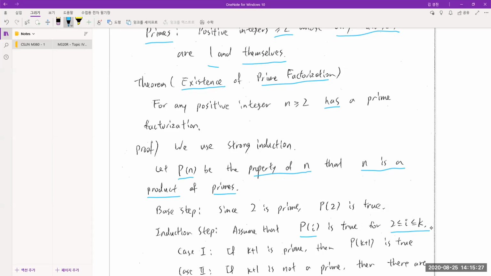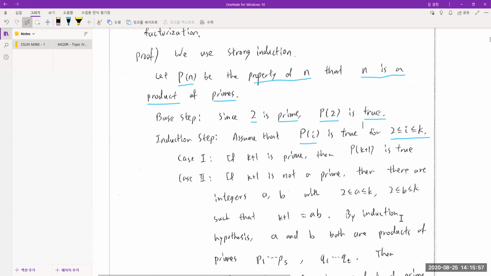In our case, the base step of the strong induction will be P(2). What is P(2)? It is the property of 2 that 2 is a product of primes, which is true, right? Since 2 is prime, P(2) is true. So the base step is done.